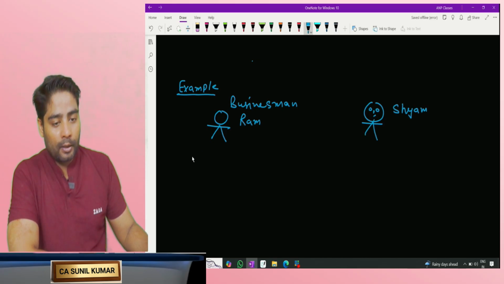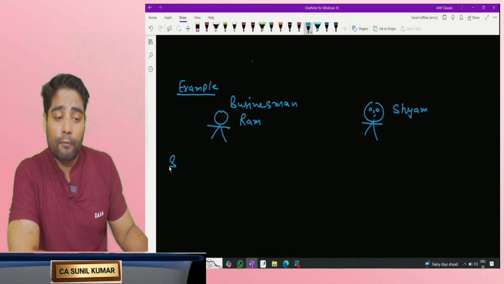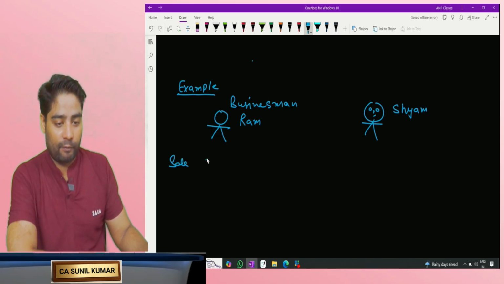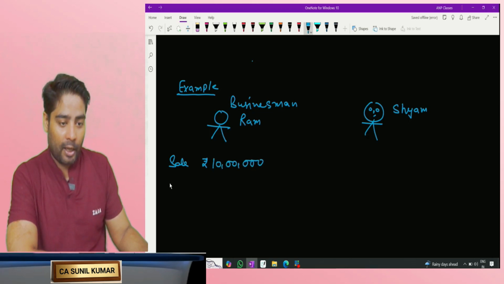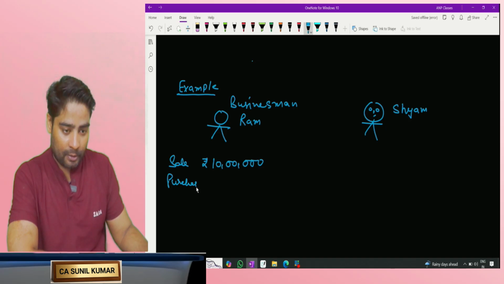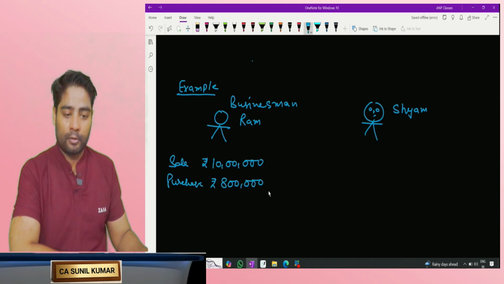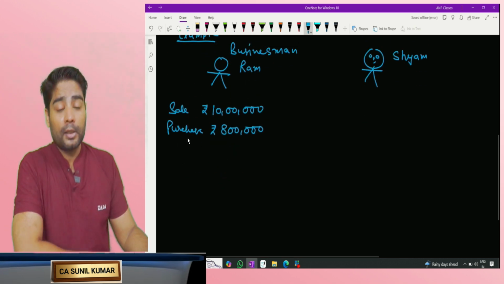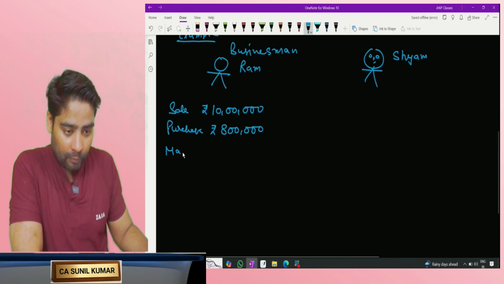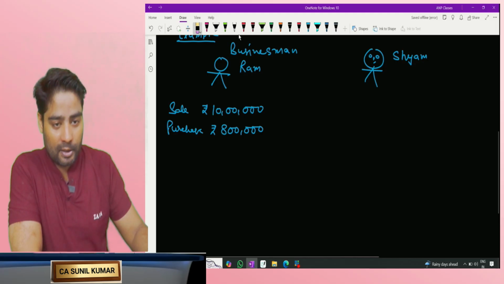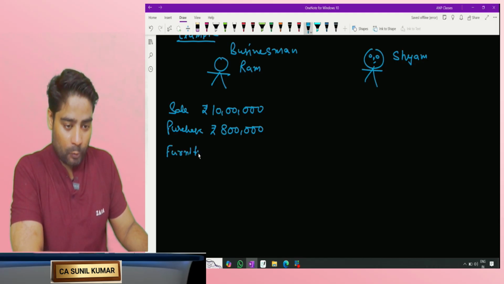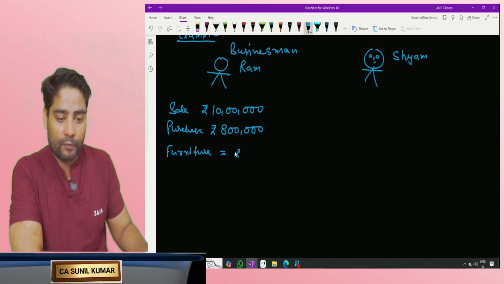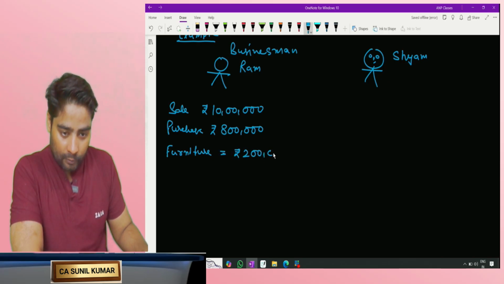Mr. Ram's sale for the year 24-25 is rupees 10 lakhs, and his purchases are rupees 8 lakh. Also, he purchased furniture for his office, rupees 2 lakh.